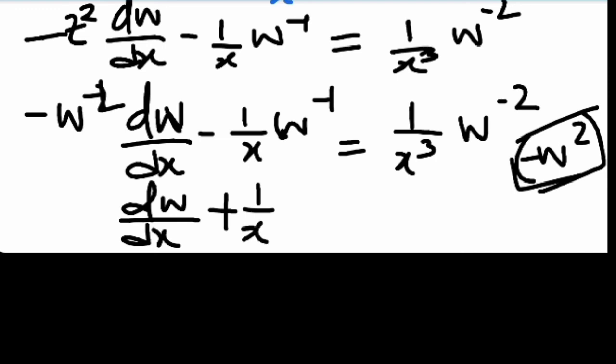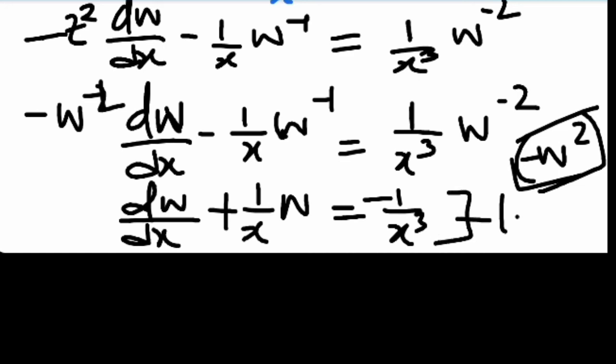So w squared times w raised to power minus 1 is actually w, is equal to 1 over x cubed times minus w squared. This minus must be there, right? w raised to power minus 2 times w squared is actually 1, because 2 minus 2 will give you 0. w raised to power 0 will give you 1.